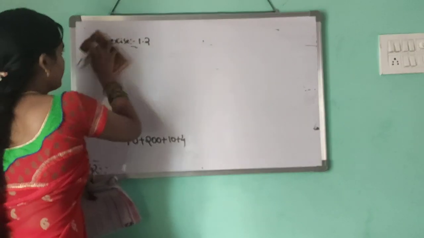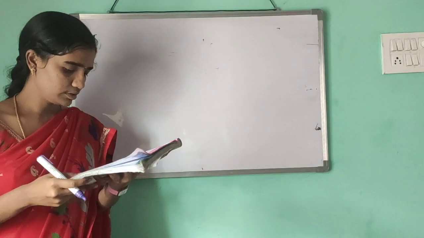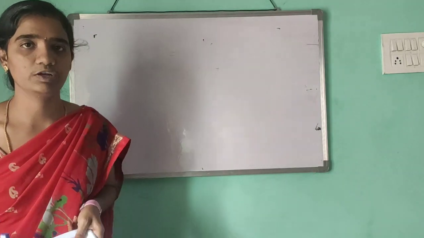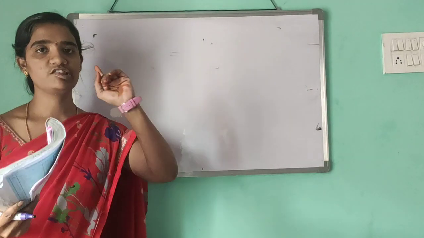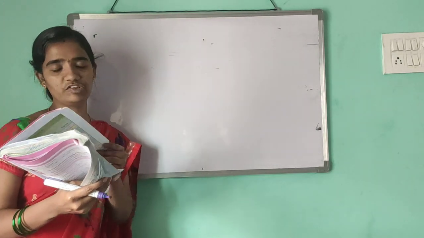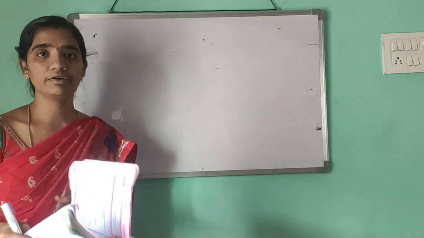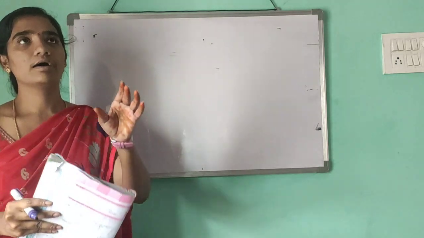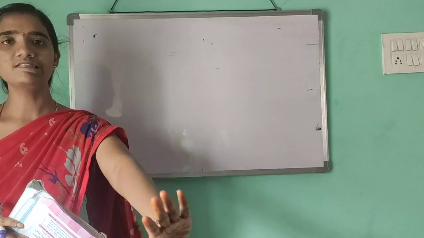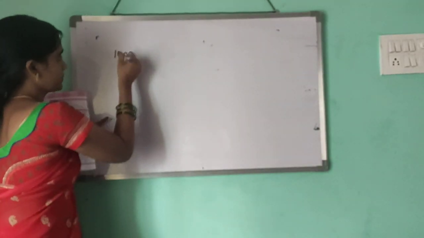Exercise number 1.2 is also over. Now learn the introduction of large numbers. We already know that in the first exercise, 1.2, we wrote what is the smallest 4 digit number, 1000, right?